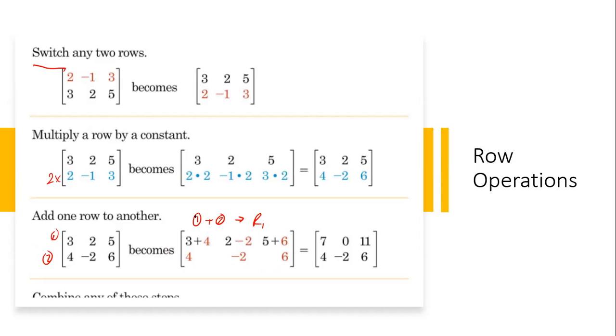When you're adding, it doesn't change both, and it does not get rid of 1. It only changes 1 row, and the other row is going to stay the same. So the new matrix here would be 7, 0, 11, 4, negative 2, 6.